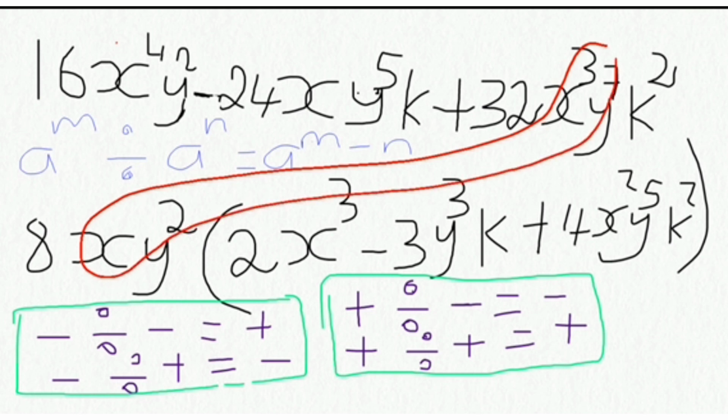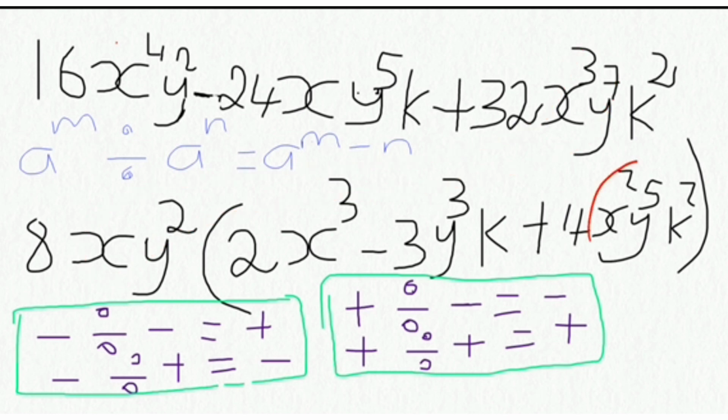X cubed divided by x to power 1. And you can see that there's a division sign. Write only one base and subtract the indices together. X cubed minus 1. It's going to be x squared. Remember that x is raised to power 1.